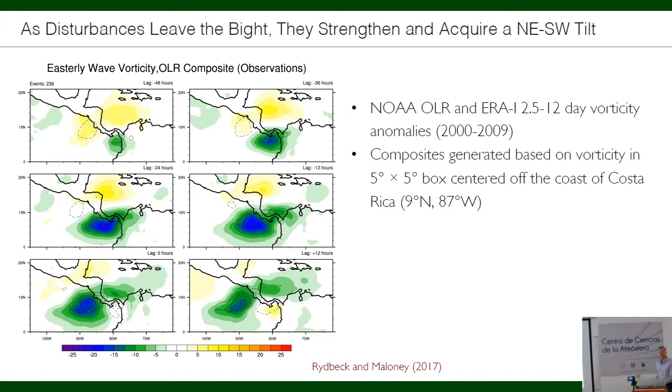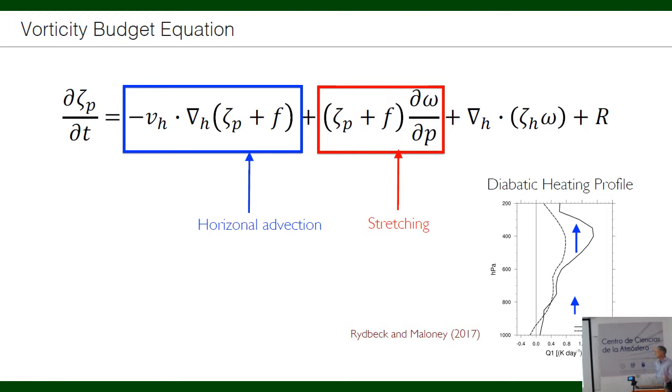This is the tendency of vorticity, and then there are 2 terms that I'm going to highlight that are extremely important for generating rotation within the easterly waves. This one is horizontal advection. Basically this represents bringing vorticity horizontally from other regions, across a strong vorticity gradient, into the wave in order to generate vorticity.